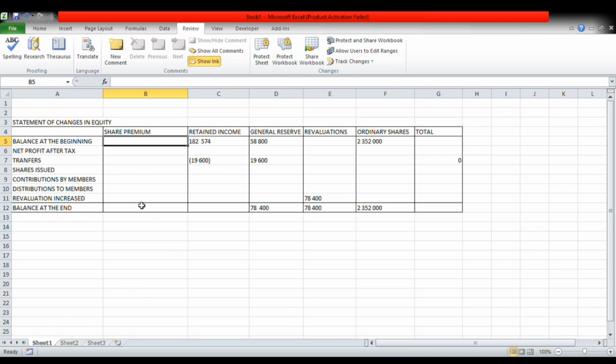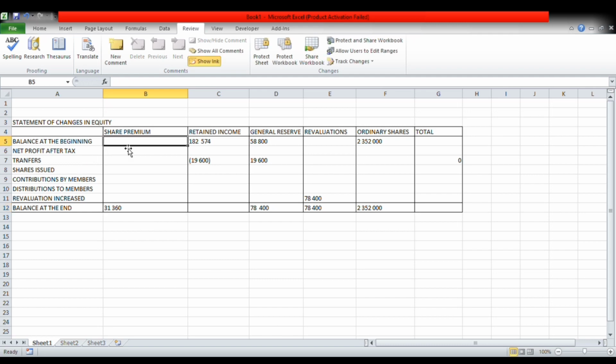So the amount that appeared on the trial balance at the end of the financial year was 31,360.